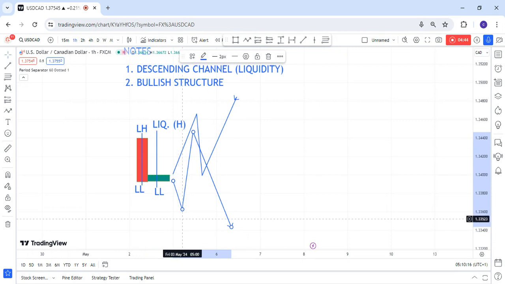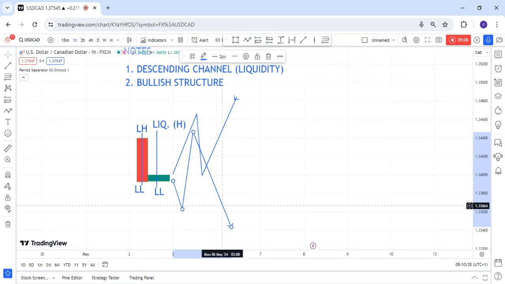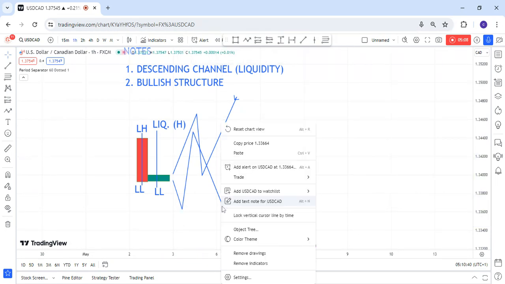Now, if price does this one too, it is going to be a QML. So there are two possibilities. If price breaks this very high, I'm expecting price to retrace to this zone and I'm buying the upside. But if price breaks this very zone here, I'm expecting to trade from here and trade to the downside.